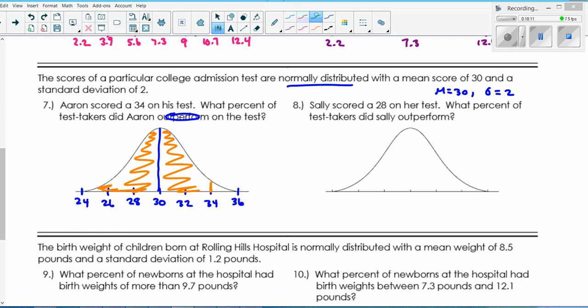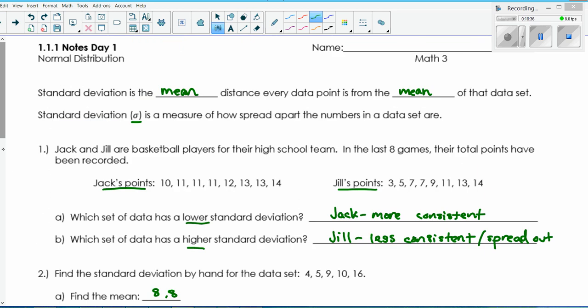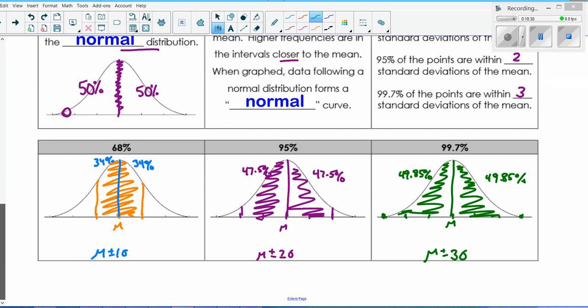Okay, so here's how we figure this out. From here all the way to the end has to represent 50% of our data. Okay, because if this is the middle, then 50% falls to the left and 50% falls to the right. Okay, notice that Aaron is right here, which means then that's two standard deviations away from the mean. So if you think back to the front side here, notice this was 2 standard deviations.